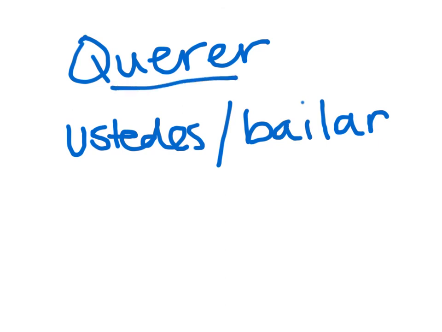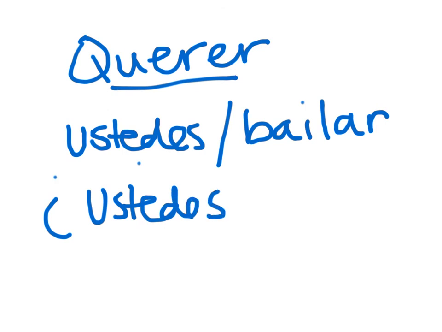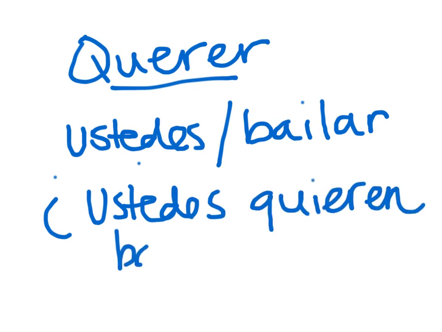So you want to use querer. You want to ask, do y'all, ustedes, want to dance? So ustedes, and I want to conjugate, quieren bailar. Do y'all want to dance? And then you want to answer back and say yes or no if you want to do it.